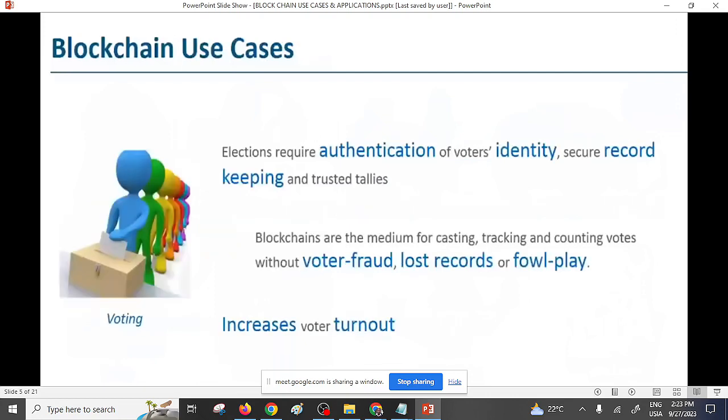During elections, we have a good use case. I don't know how other countries perform elections, but there's always an issue all over the world about people stealing elections, voter fraud, foul play, right?